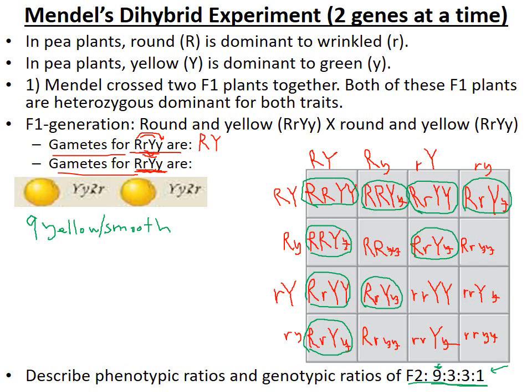So there's our 9 yellow and smooth. We sometimes represent it like this. 9, let's say, big R dash big Y. Or I should say underscore.